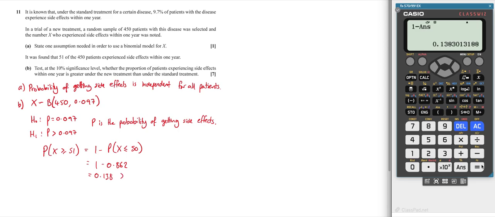And that is bigger than the 0.10 significance level. So there is evidence to accept H1, and then we need to just finish off with something in context. There is evidence to accept H1.